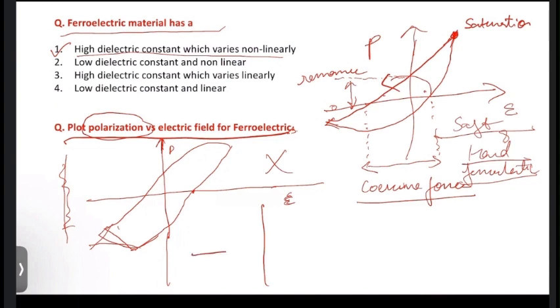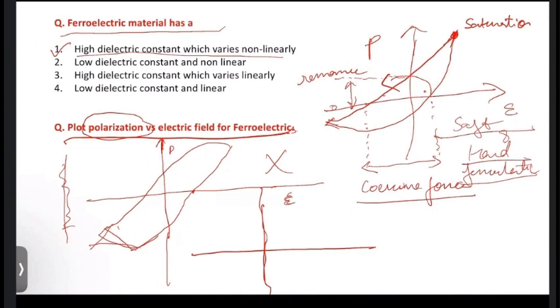So we need to see how it behaves in the presence of an electric field. Soft ferroelectric means that it will have higher polarization with a small change in the electric field, whereas in the hard ferroelectric there will be low polarization with the same amount of electric field as applied in the soft ferroelectric.